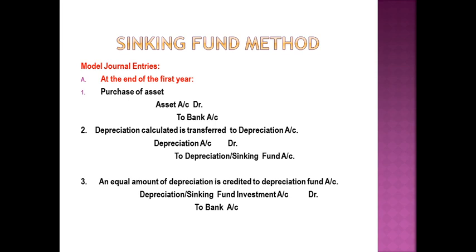When we charge depreciation, the entry is Depreciation Account debit to Depreciation or Sinking Fund Account. The third entry is to invest in securities, just like buying securities: Depreciation Sinking Fund Investment Account debit to Bank Account.